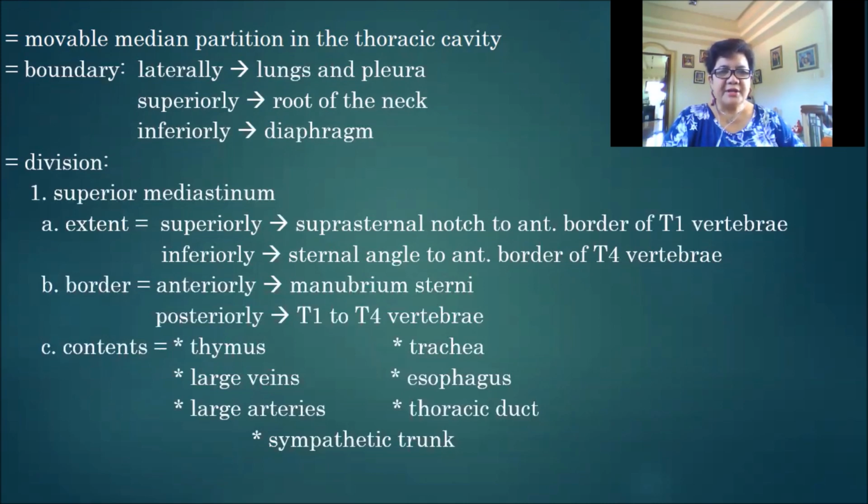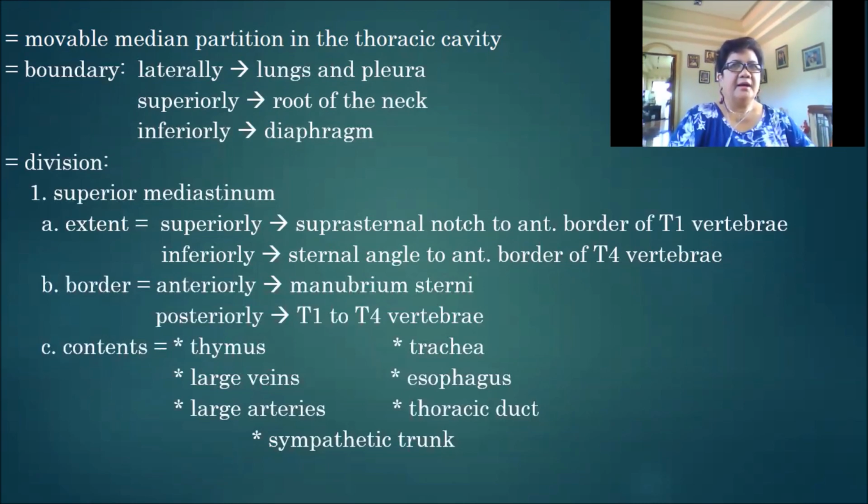Now, there are several contents that pass through the superior mediastinum. These structures are not limited only to the superior mediastinum, but can also occupy the inferior mediastinum. So you have the thymus, a structure which is not always seen, because as you grow older, the thymus will disappear.